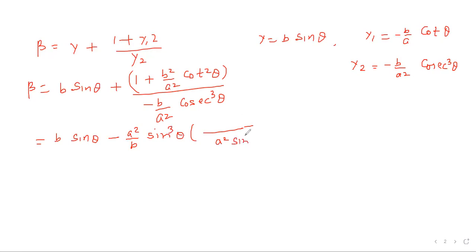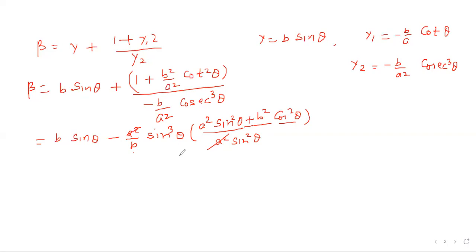So sine square theta times this will become a square, and LCM sine square theta plus b square cos square theta. So a square will cancel out, and sine cube theta divided by b, this is sine square theta.